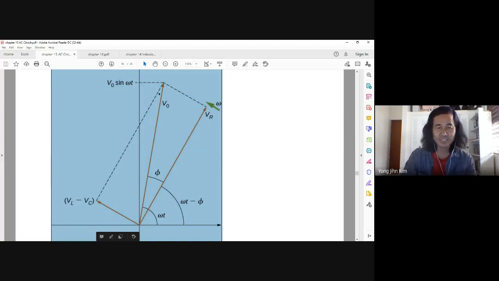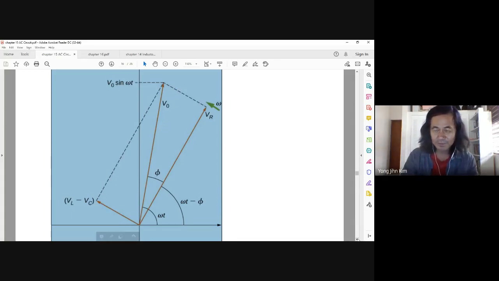For the voltage phasor, the angle is omega t, and the current phasor has the angle omega t minus phi. So this angle should be phi. So this triangle gives us all the information for this circuit.